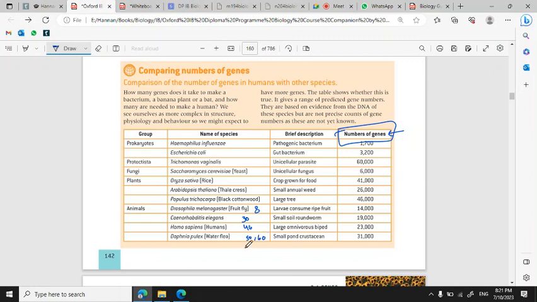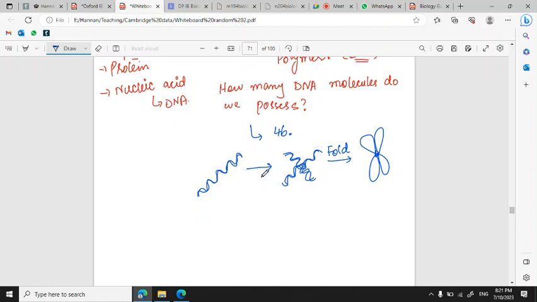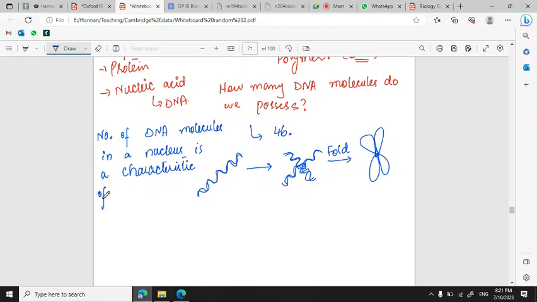Now what is this? Actually, the number of DNA, let me write down this sentence. The number of DNA molecules in a nucleus is a characteristic of an organism. What does it mean? It means that we actually have a unique number of DNA molecules.